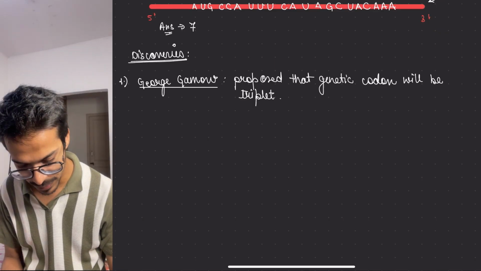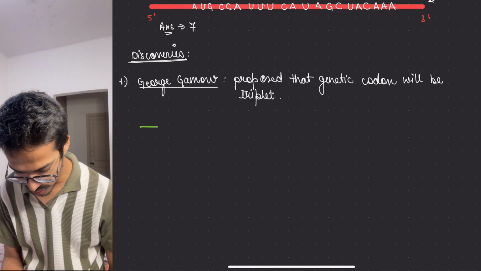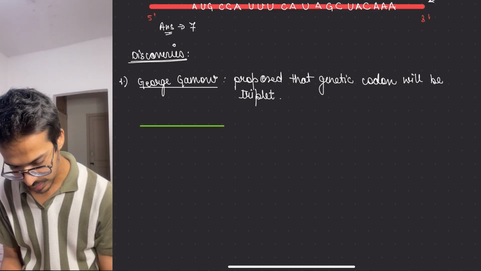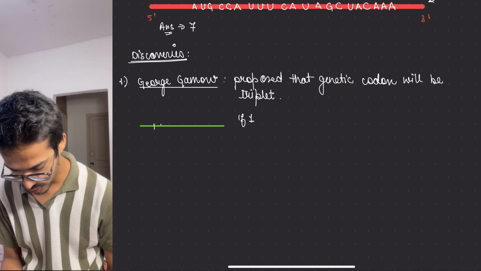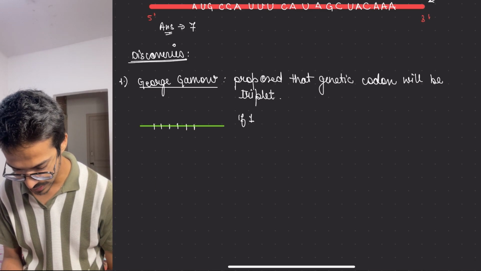Let's take an example. Imagine this is the first thing: 1, 2, 3, 4, 5, 6, 7.